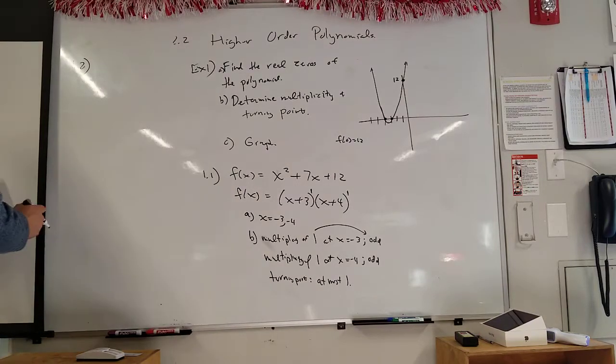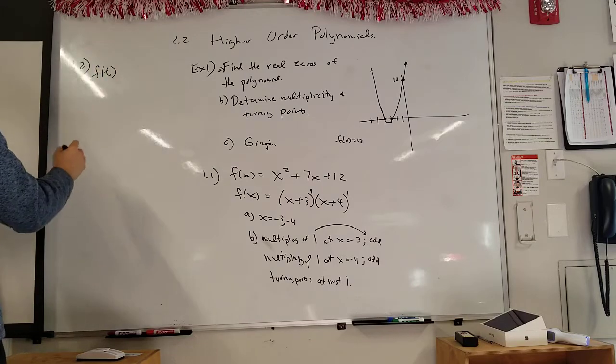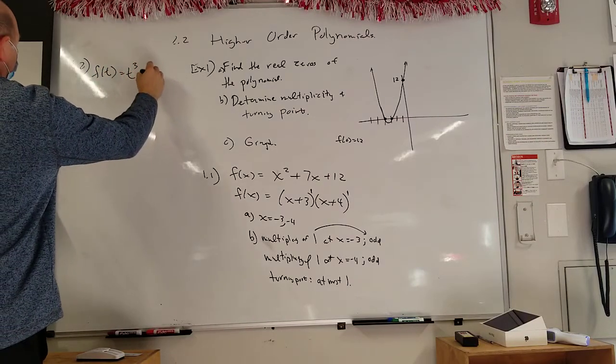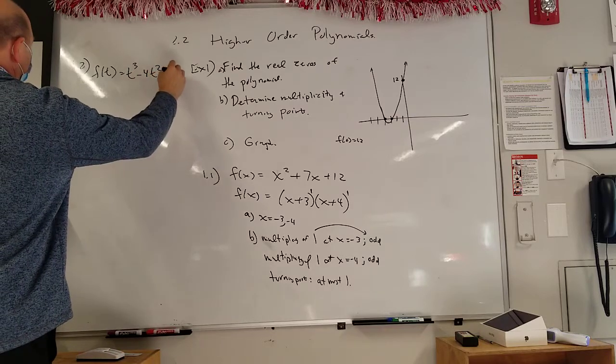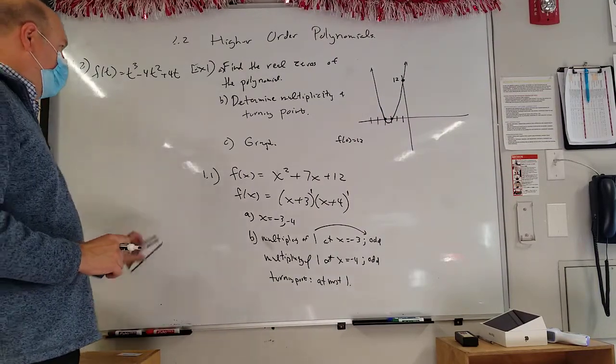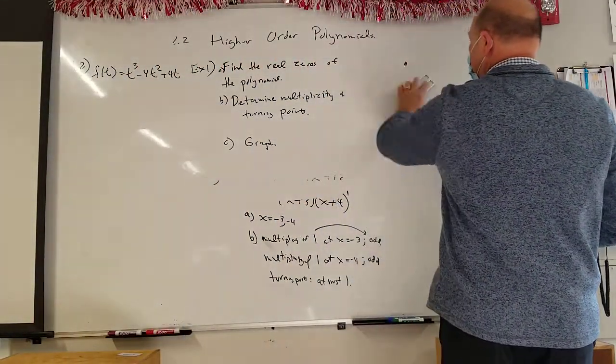All right. I like this one here. So how about this? I'm going to change the variable for you guys to t. And t to the 3rd power minus 4t squared plus 14. I'm going to erase this right here. And the graph. Okay.